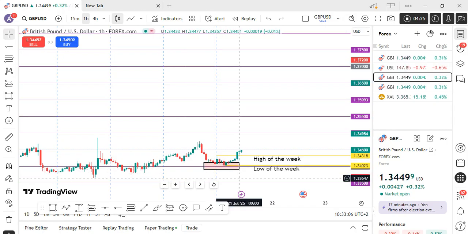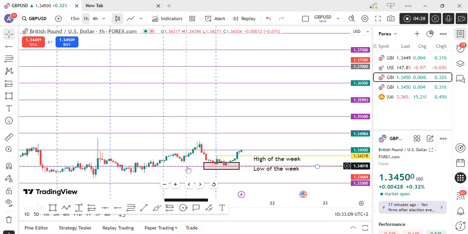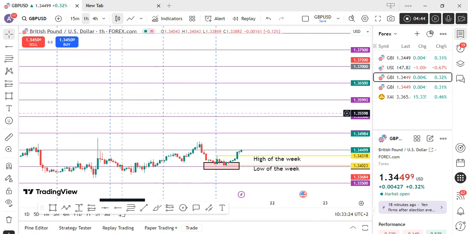Because I'm seeing a psychological level acting as support, and I'm seeing the low of the week. Like I said, I always look out for 3 to 4 confluences: the psychological level, the low of the week, then price action, in this case a double pattern.